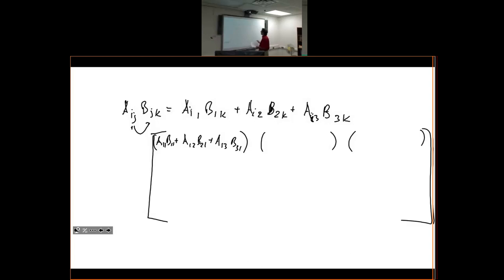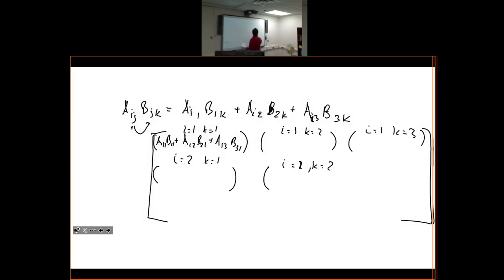I will have to do the whole set of summations. This first term is i is 1, k is 1; the next will be i is 1, k is 2; i is 1, k is 3; and the next one here would be i is 2, k is 1; then i is 2, and k is also 2.